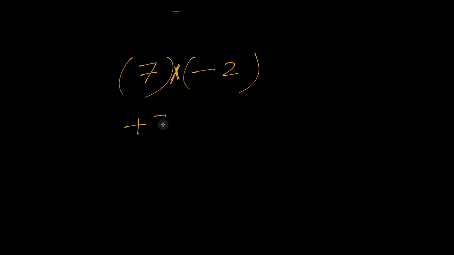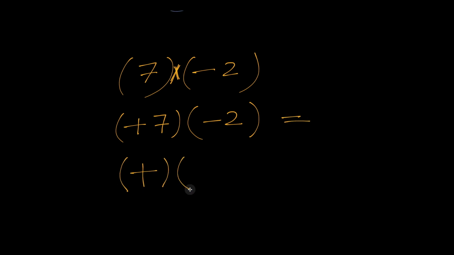One is plus 7 and the second number is minus 2, and I'm going to multiply these two numbers. If any of the numbers like this is getting multiplied plus with minus, always keep in mind that the result will be a negative. So 7 2s are 14, but we have to write 14 with minus symbol here. So the answer should be minus 14.